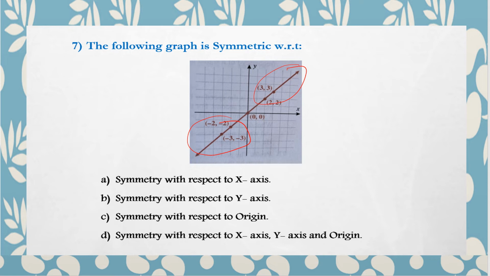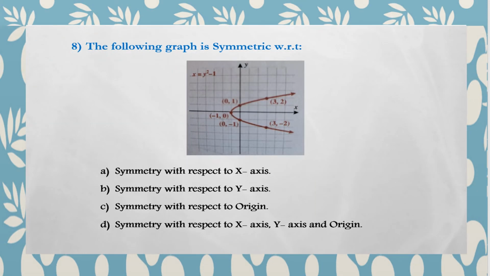So for the first ordered pair 3 and 3, we can see that we have on the other side negative 3 and negative 3. And for 2 and 2, we can see that we have the opposite values, negative 2 and negative 2 on the other side of the graph. So this graph is symmetric with respect to the origin. And the correct answer is C.